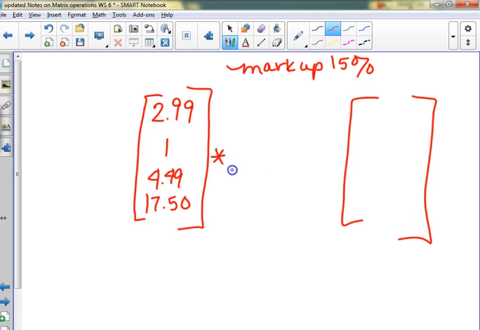And the question on the quiz says, what are we going to multiply by as a scalar that will give us the new price? It's not 0.15. Because if you mark it by 0.15, they're all going to go down, right? They're not going to be negative, but they're going to be tiny little amounts. That's going to be the markup.